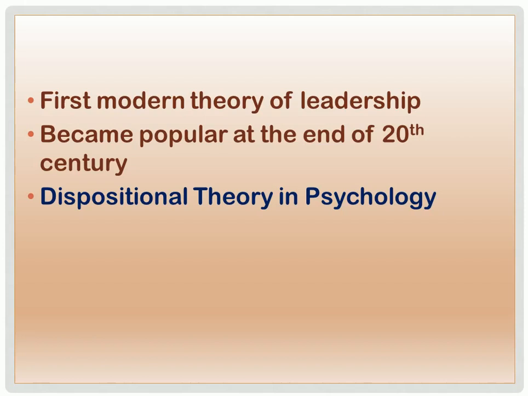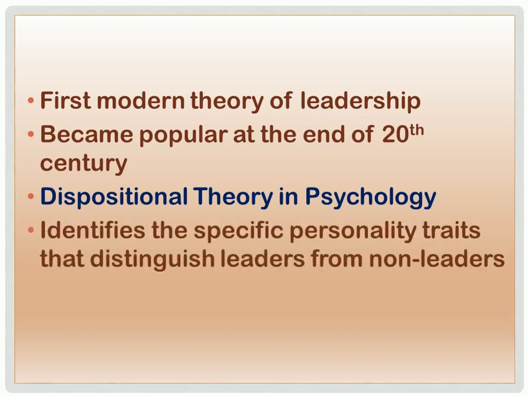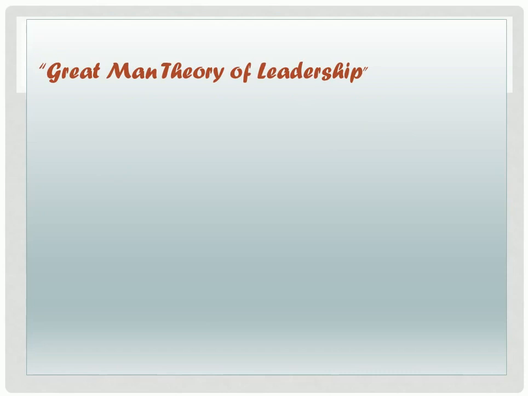The main aim of the researchers of this theory was to measure the traits of people that are related to patterns of behavior, emotions, and so on. The trait theory of leadership identifies the specific personality traits that distinguish leaders from non-leaders.